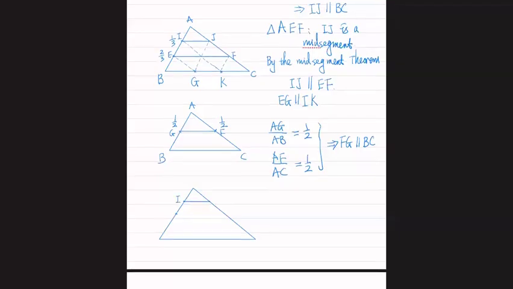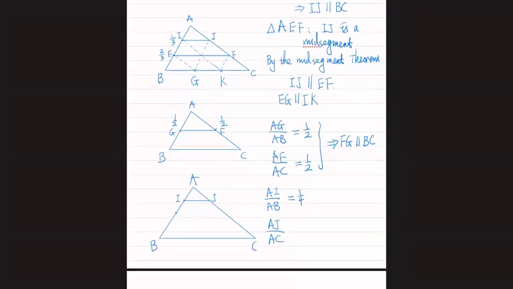So this will be I and J. AJ over AB is 1/4, AI over AC is 1/4. Applying the midpoint theorem twice, we see that IJ is also parallel to BC.